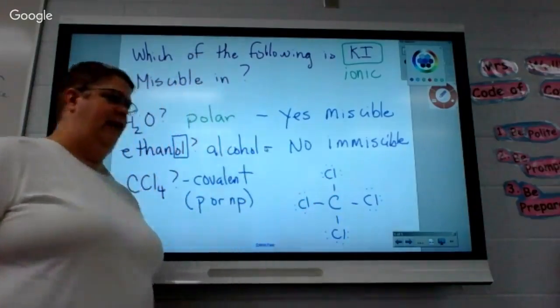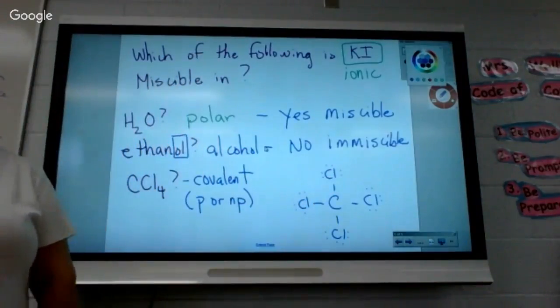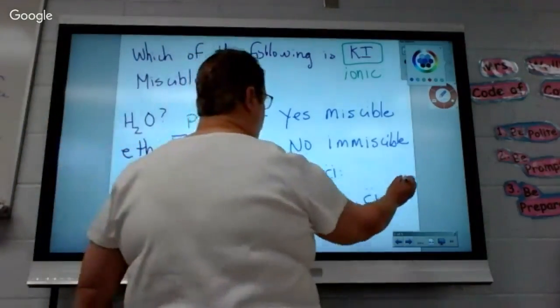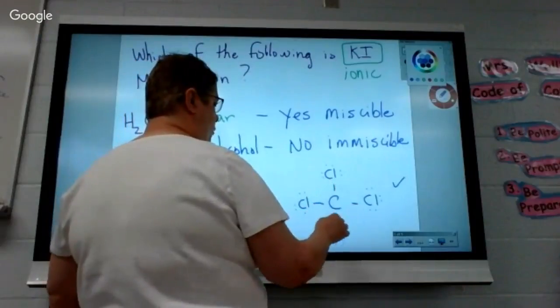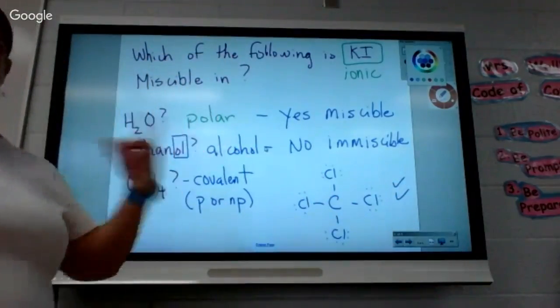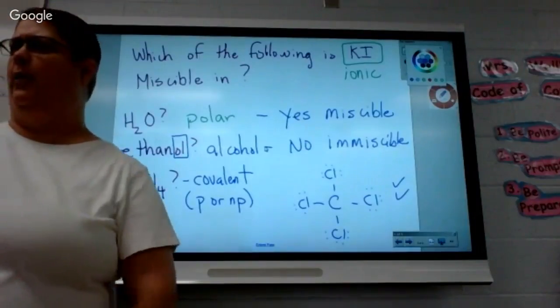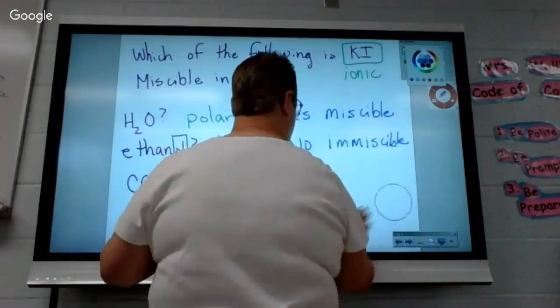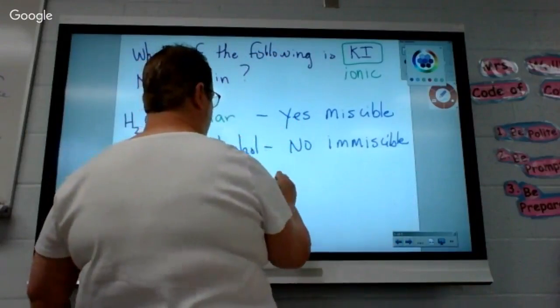All right, now I've drawn in all 32. What can you tell me about my 4 bonds? Are my 4 bonds equal? So my bonds are equal. Does my C have any lone pairs on my C? So I got no lone pairs, all my bonds are the same. Is it polar or non-polar? It's non-polar. Okay? So it's non-polar.